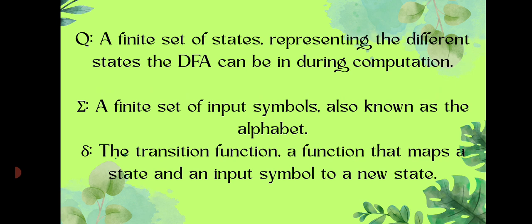So a finite set of input symbols, also known as alphabet or the summation. Next is delta. The transition function, so delta is a transition function, right? So it is a function that maps a state and an input symbol to a new state. So the function of delta is to do mapping between the states and the input symbols and to represent a new state.